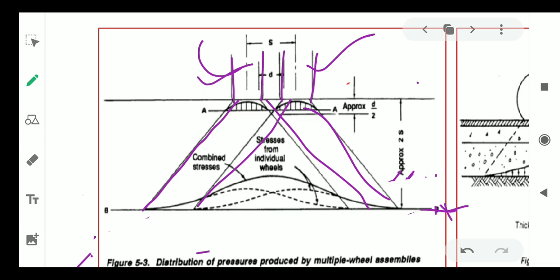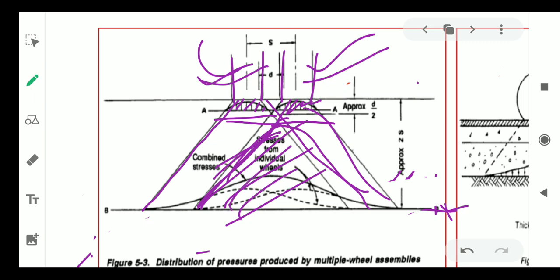Till some depth, the load pressures act individually, but after a depth, the stress distribution due to this load and the stress distribution due to the other load overlap. This phenomenon of overlapping of loads or stresses is known as the equivalent single wheel load system.